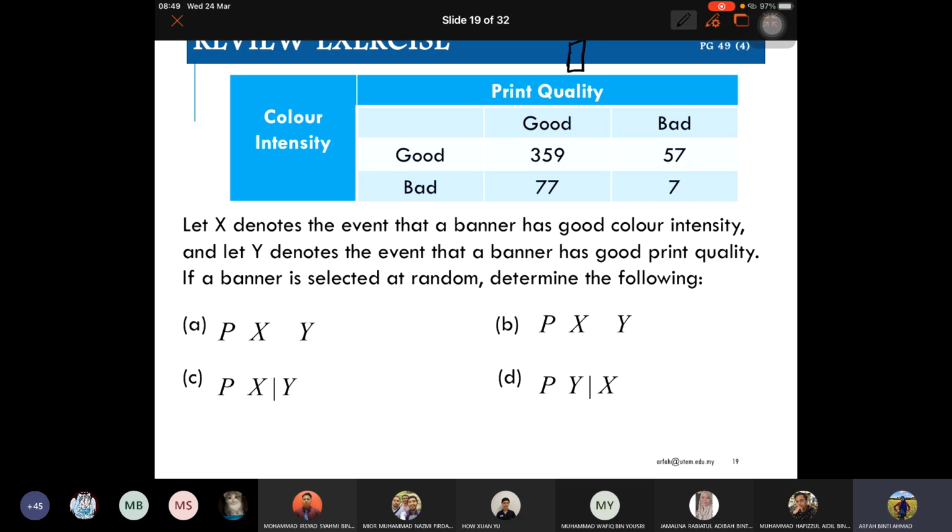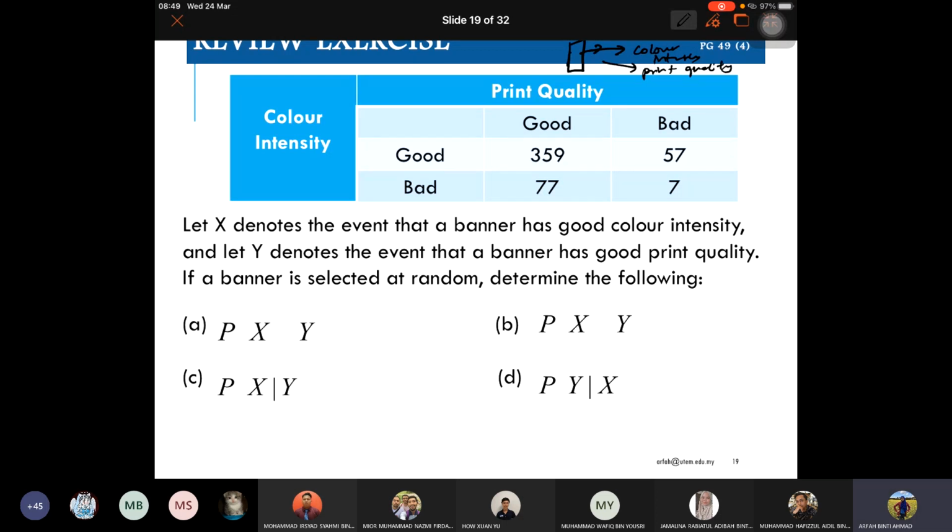So bila satu banner tu dia ada dua possibilities, either dia punya color intensity is good or bad. Okay. Dan juga print quality good or bad.